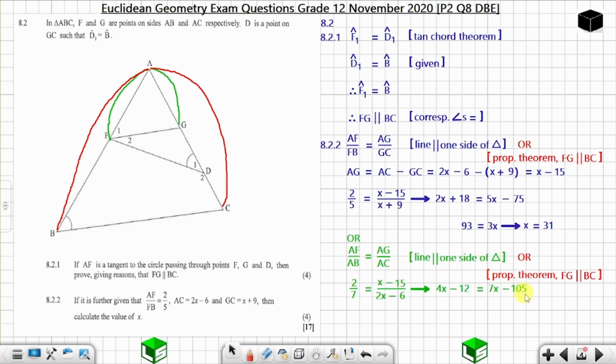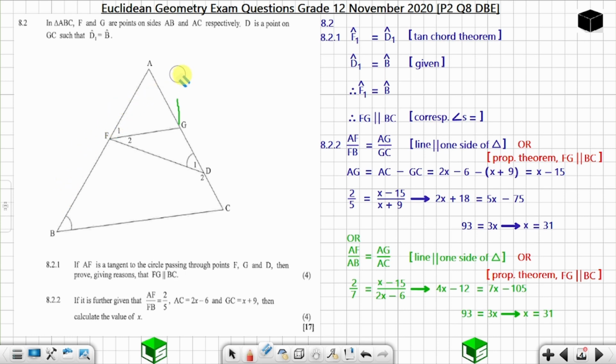Negative 105 to the left, you have positive 105 minus 12, you have 93 equal to 7x minus 4x, you have 3x. Again, x is equal to 31. Okay, so we have 31 again.